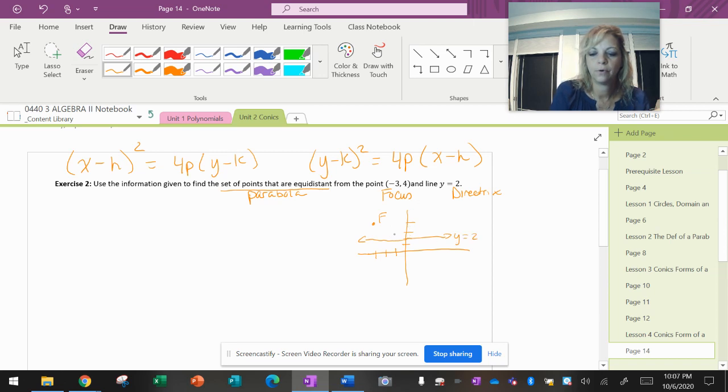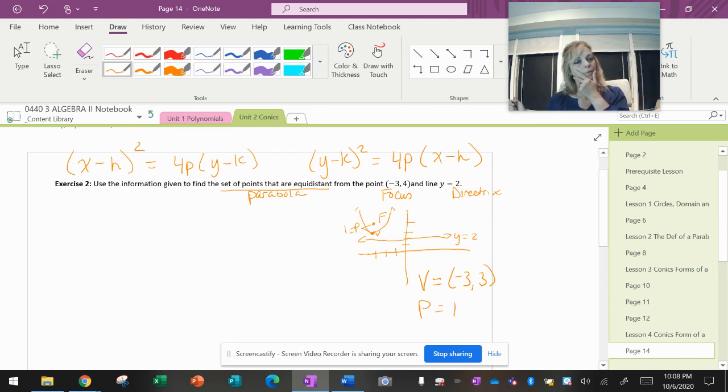So if this is 4 and this is 2, that means my vertex has got to be somewhere here, which is (-3, 3). So my vertex is (-3, 3). Can you see it okay? Right? So that means it has a distance, a p-value of 1. So p equals 1.